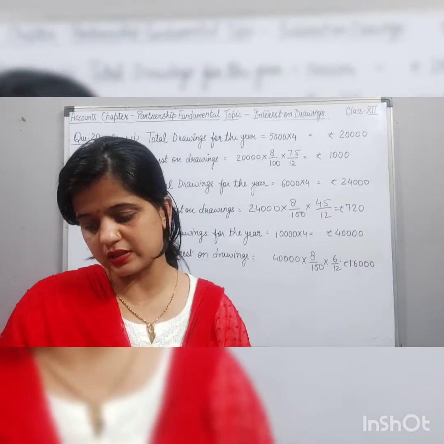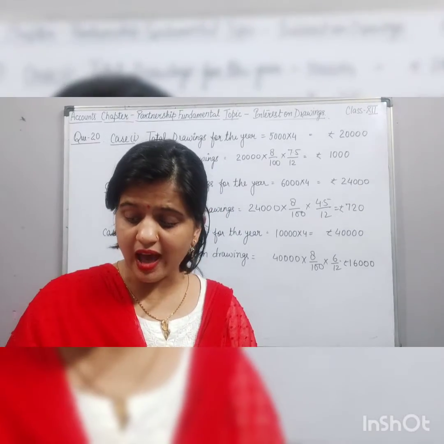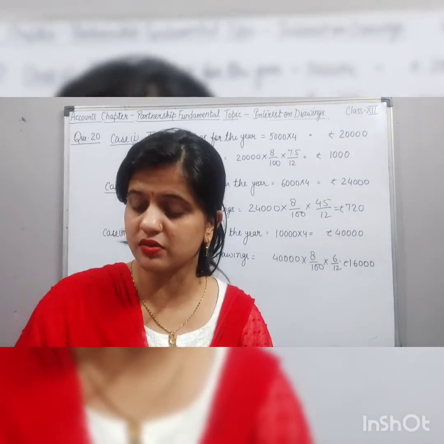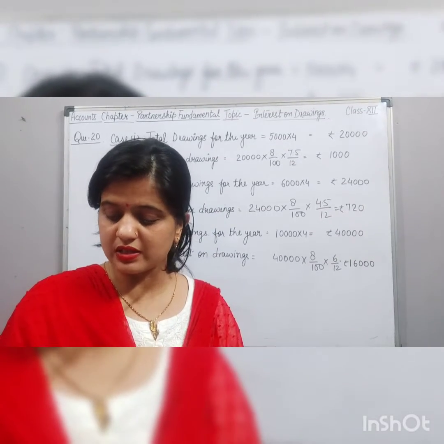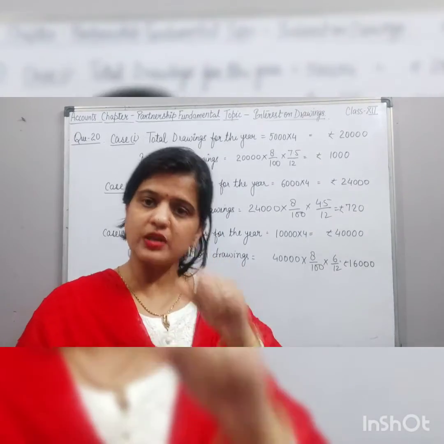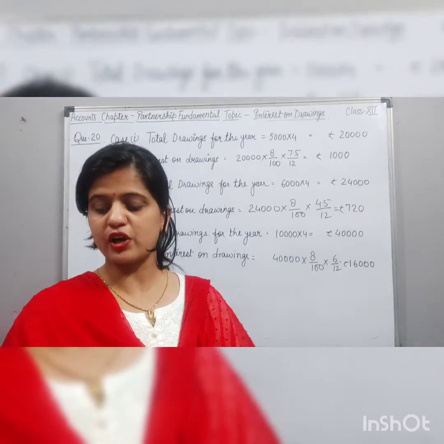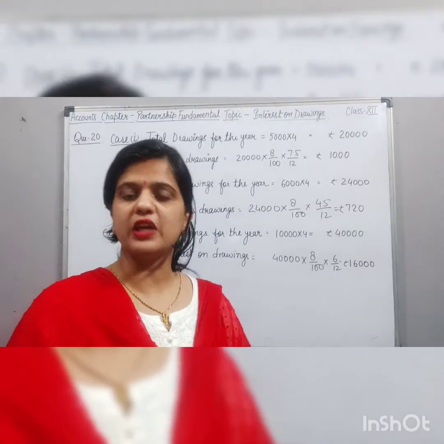The question is to calculate the interest on drawing of Mr. Aditya at the rate of 8% for the year ended 31st March 2016 in each of the following alternative cases. The first case is that 5,000 has been withdrawn in the beginning of each quarter.